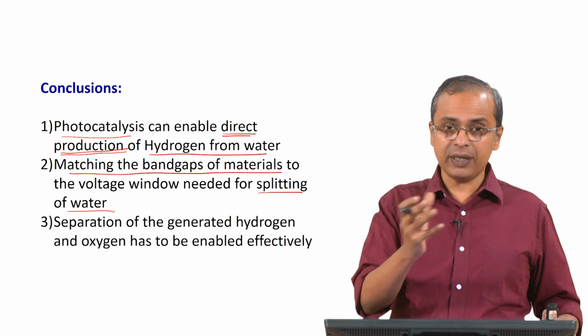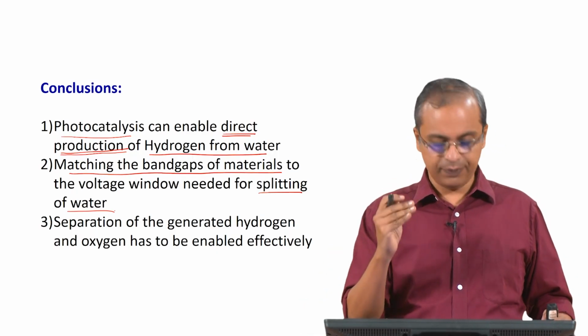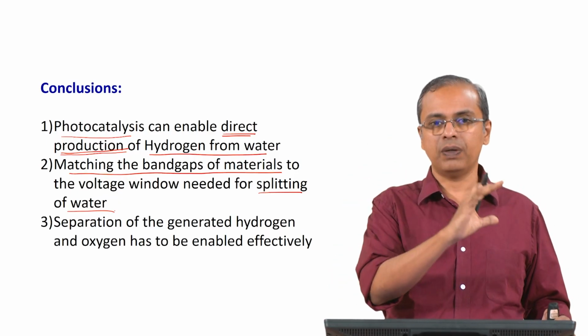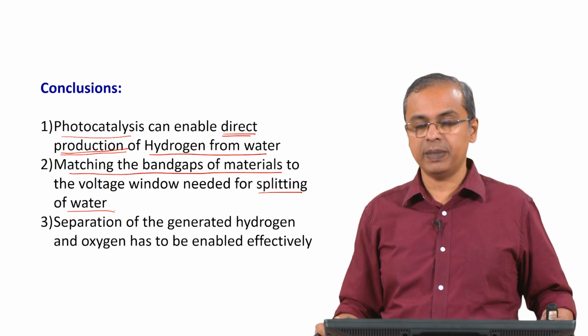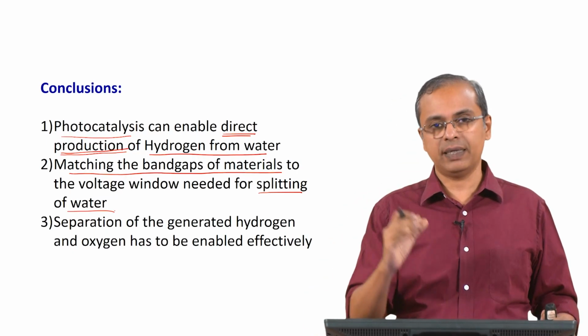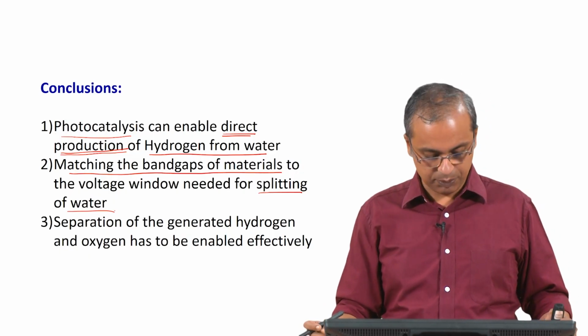Otherwise, you will think it is supposed to happen, but it is not going to happen. So, there is some fair bit of knowledge that you have to figure out which materials will work for this splitting, and that is not simply based on band gap, it is also required that you match the window of the band gap with the window for the water electrolysis process.